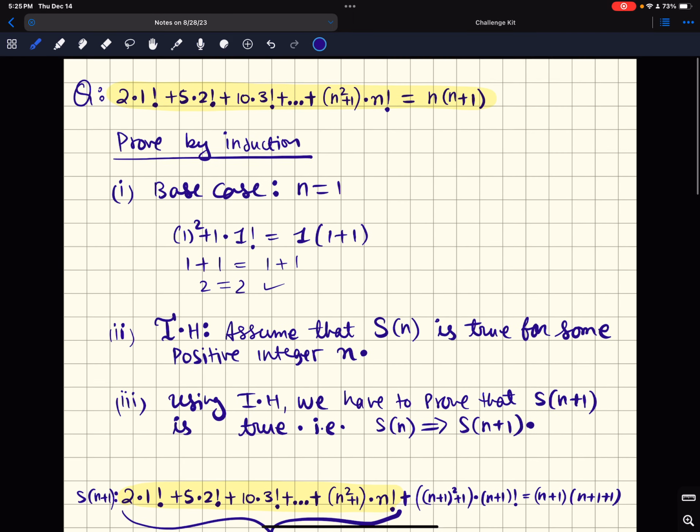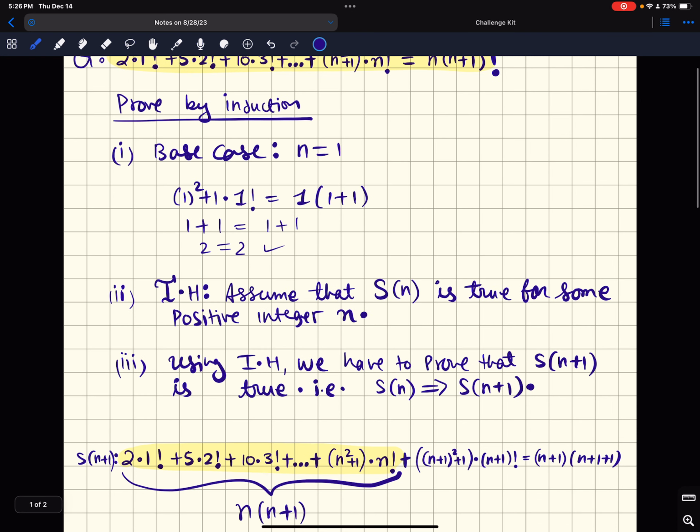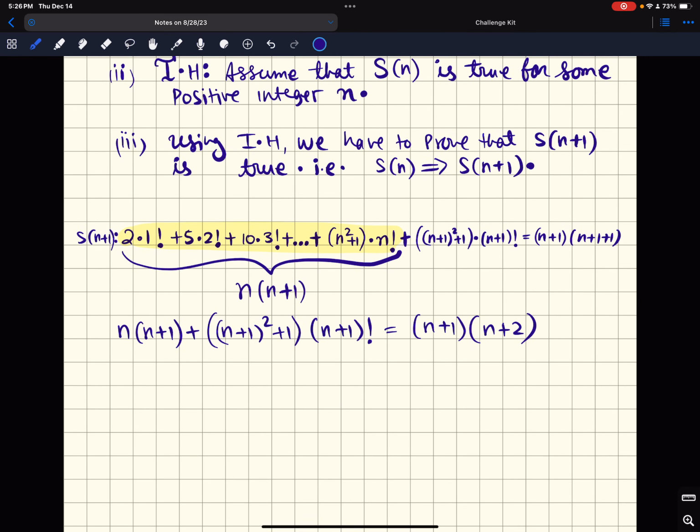Am I missing something? Hopefully not. Oh yeah, I was missing factorial, sorry, in the question, and I was missing factorial here. Okay, good.